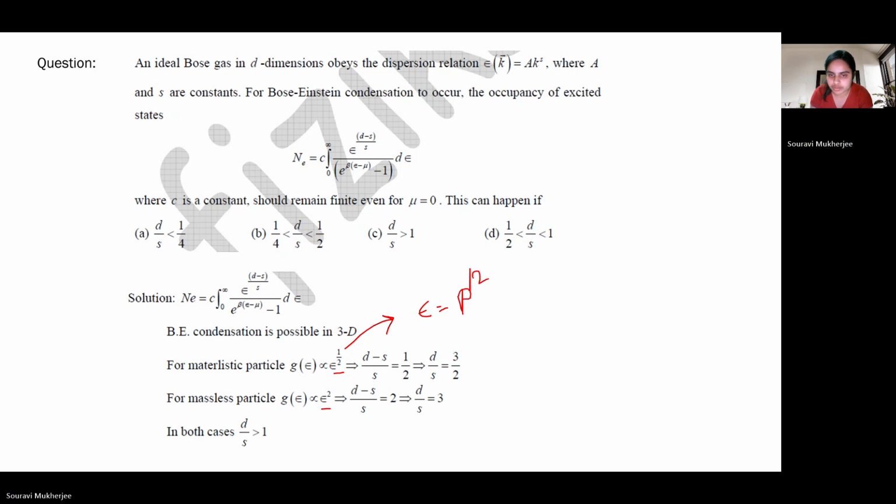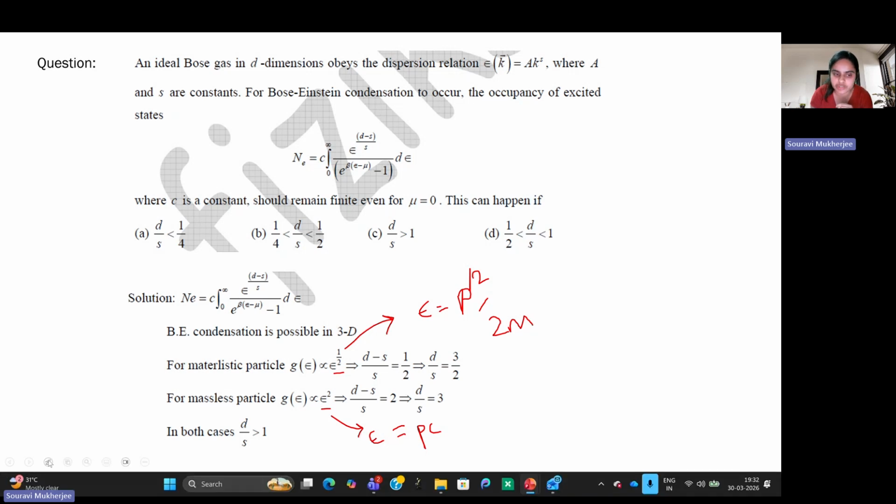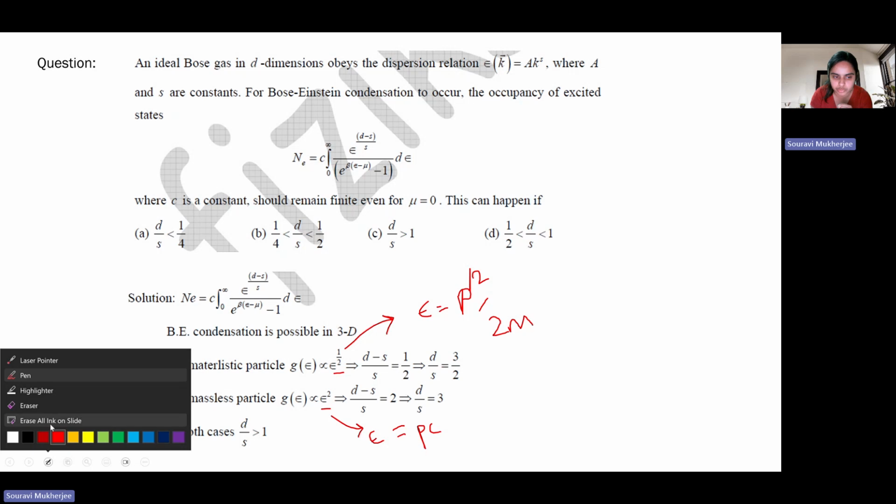For a massless particle, epsilon energy is given as p into c. So that's how the dispersion relations are different for both the cases, and that results in this difference in the density of states. So be careful about how we get there.